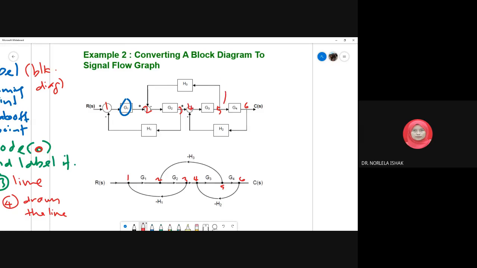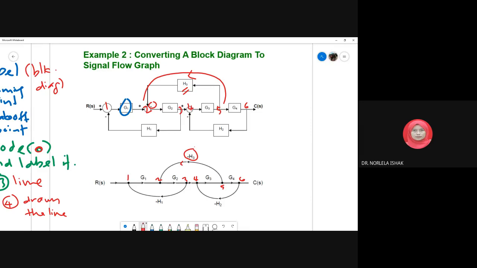Okay, this one 5 goes to 2. This is the arrow. And then H3 apa sign dia? Sign dia minus. So we got this one. Dan jangan lupa letak arrow dia. So you akan dapat minus H3 and you put arrow.